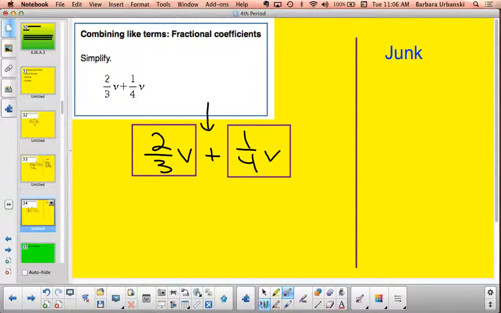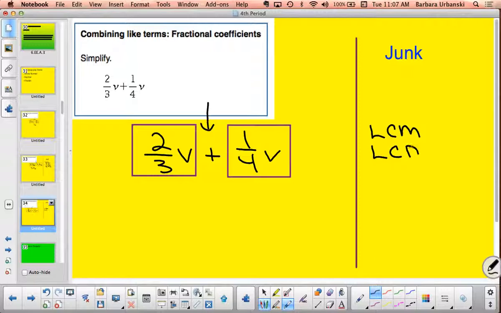However, we know if we add or subtract fractions, we now need to find a common denominator. And in order to find your common denominator, we really need to find the least common multiple. Now, I taught the students how to do this on their calculators, but most students knew that the least common multiple, which then in turn will be used as the least common denominator, is going to be 12.